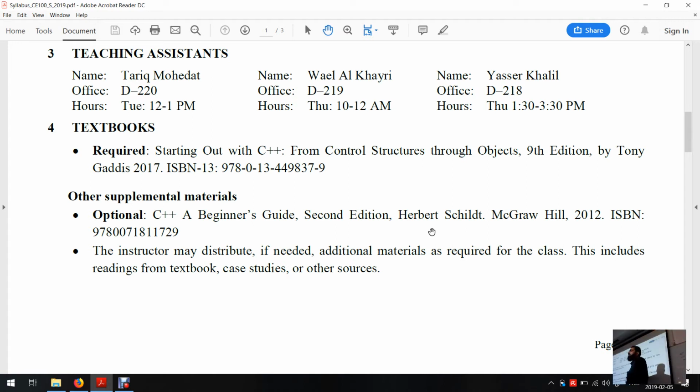If we need other materials, sometimes I will be handing out printed materials, for example during the tutorials or during the labs. Everything will be on Moodle. You can print it if you need additional material to study from. Again, if you are looking just for the exam, then the lectures will be enough.